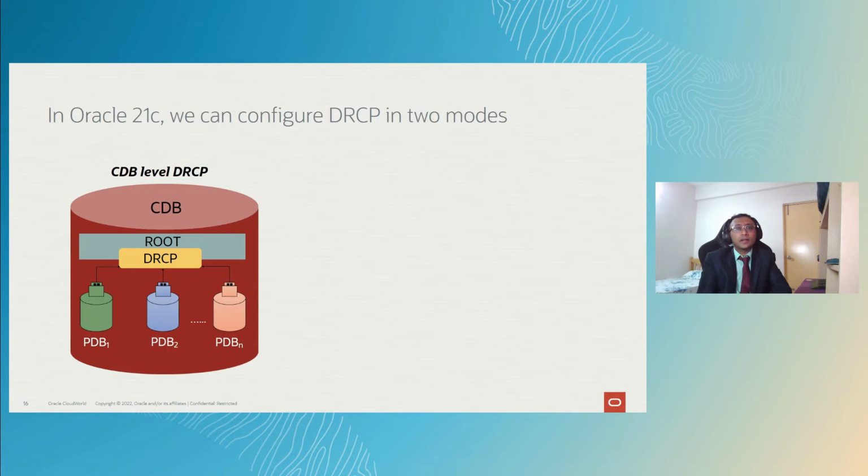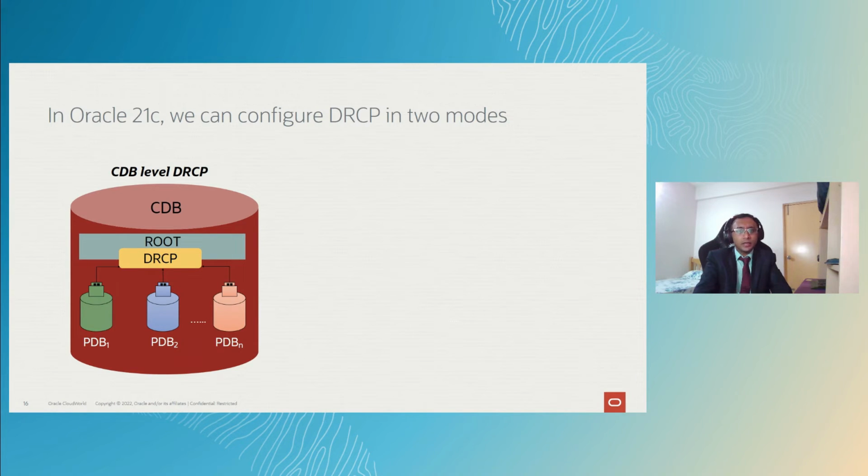So let's look at how DRCP is configured. Initially, when Oracle introduced the multi-tenant model with container database and pluggable database in Oracle 12c, DRCP could only be configured and managed by the CDB, which is a container database, and the PDBs could only access the CDB level DRCP.